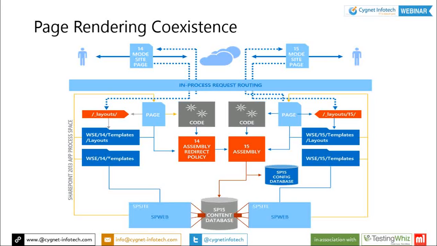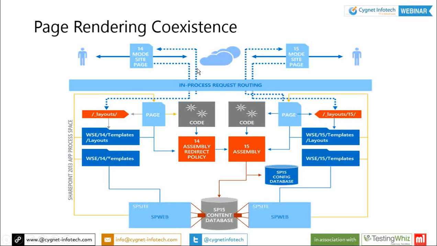If you look at this diagram, the 14 mode site can have its own pages, and the 15 mode site also has pages. Notice that the default layouts are referred with SharePoint 2010, and the special hive is referred with 15. So your layout is having the 15, which means your pages are coming from SharePoint 2013.